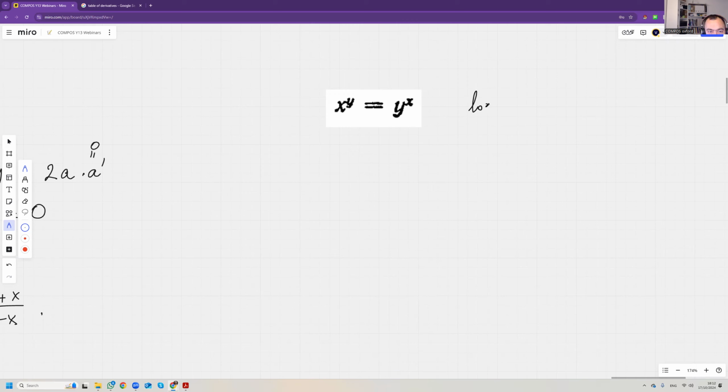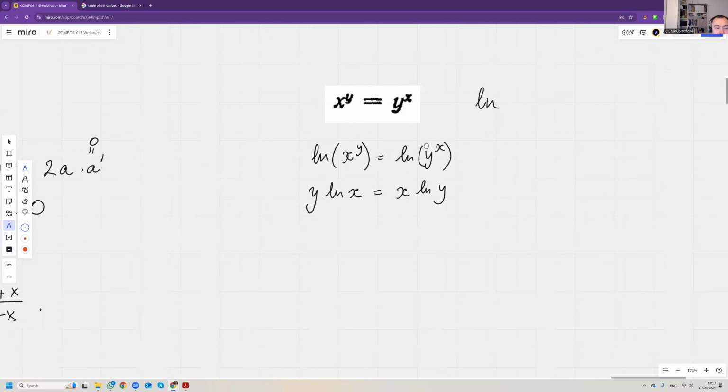So we take log, well, just let it be ln for simplicity. So ln x^y equals ln y^x. So y ln x equals x ln y.